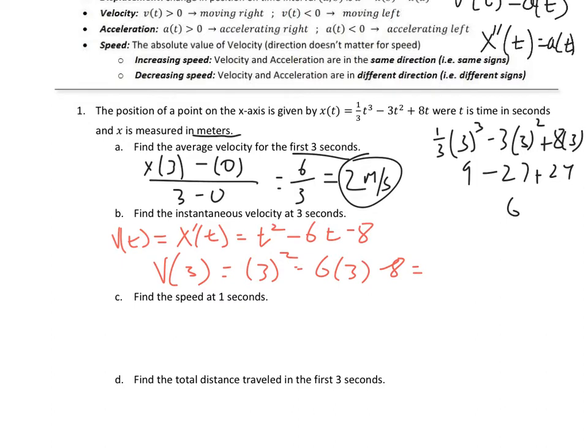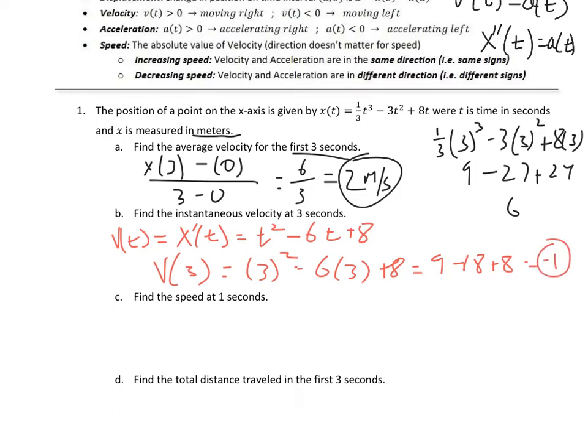So 9 minus 18... No, that's a plus 8, actually. Yeah. So I think that's 17 minus 18, which is negative 1.